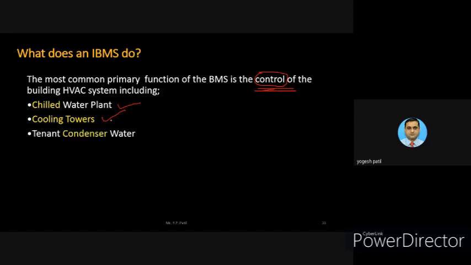Then the condenser is also part of the chiller, and plays a very important role in this HVAC system. Then the heating water plant, meaning the boiler, also plays an important role in this particular system, and exhaust systems, right?